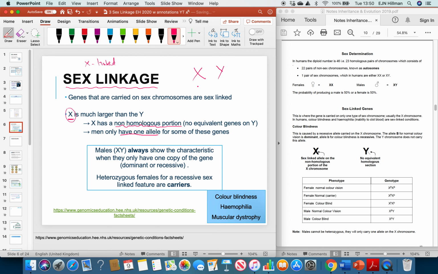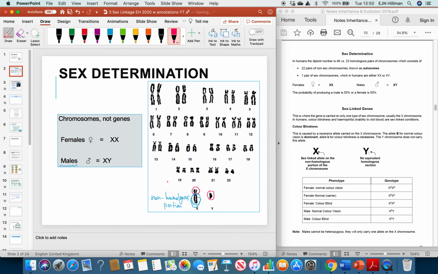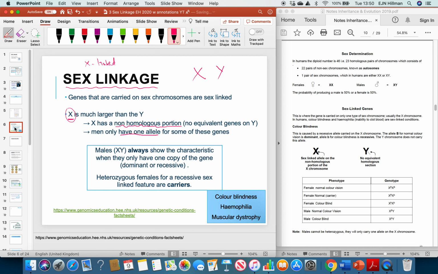If that gene is present on this non-homologous portion, that gene will only be present on the X chromosome. And to show that, we use a letter in superscript to show that that gene is present on the X chromosome.